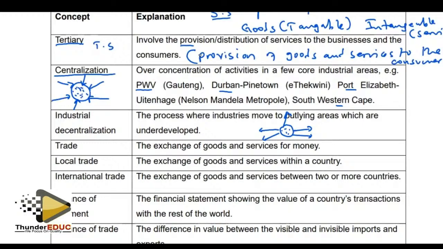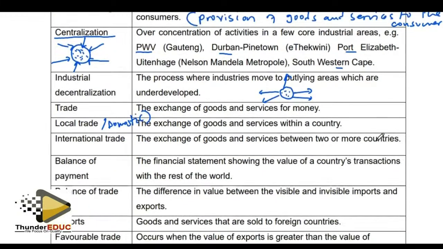Then trade, the exchange of goods for money. Like we saw, for example, if countries are dealing in export trade, they sell goods to other countries and in return they get money. Local trade is the exchange of goods and services within the country. Sometimes we can also call it domestic trade, where we are selling goods within the boundaries of the country.